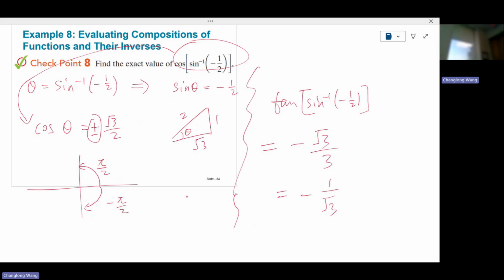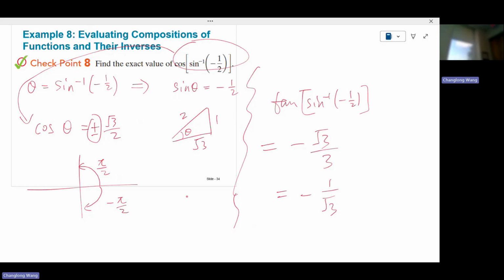Therefore, if you can picture what it looks like, it's an angle that starts from 0, turning in a clockwise direction, sweeping out 90 degrees to get to π/2, right? It's just the first quadrant, or you sweep out an angle the other way around to get -π/2. It's just the first and the fourth quadrant.